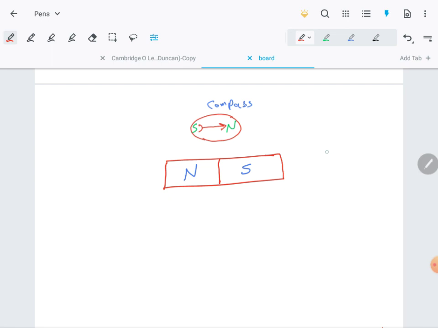What about if the compass is placed here? So this is the situation. No. This is the correct situation here, because this is the North Pole of the compass and this is the South Pole of the compass. Okay? And you can draw the compass anywhere. You can use this fact.